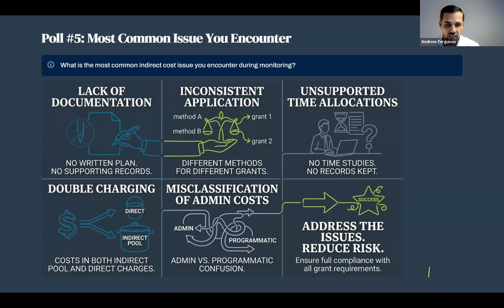It looks like we're about to close the poll, but currently lack of documentation is winning out, followed pretty closely by inconsistent application and unsupported time allocations. Mainly from the audit side that I've looked at with cost allocations, I would say this is very much similar.